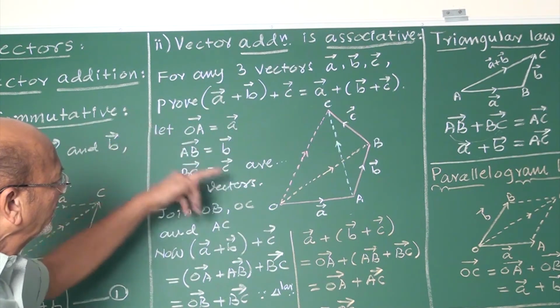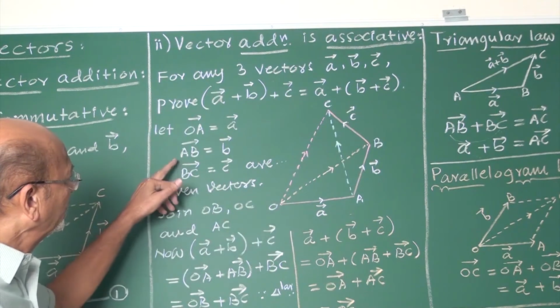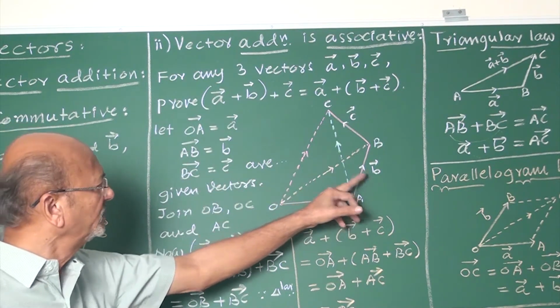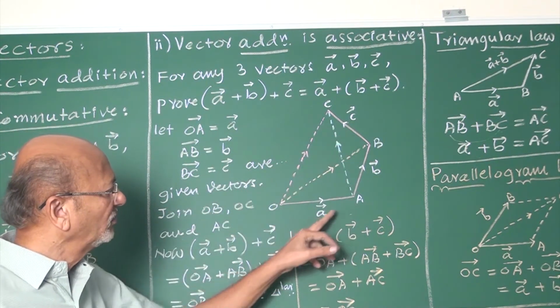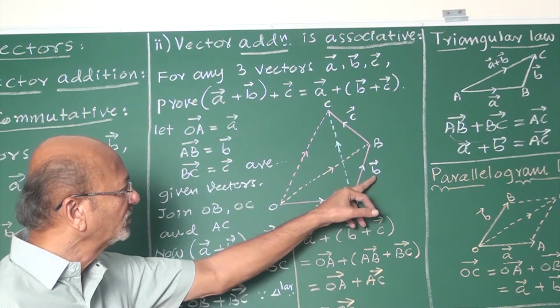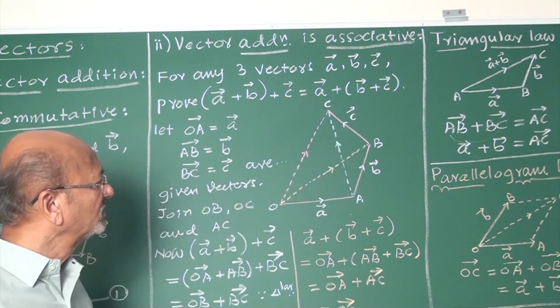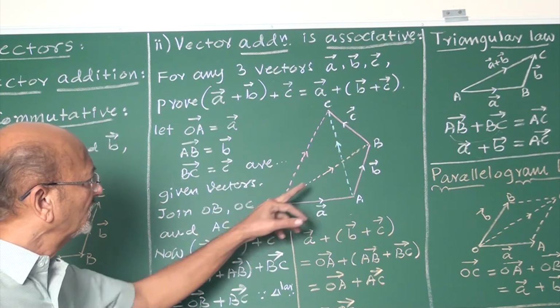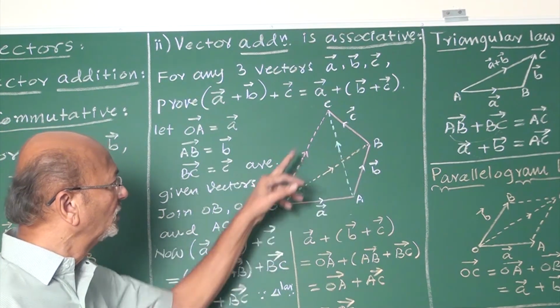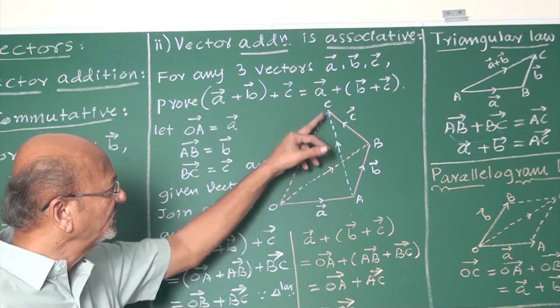Let OA equal vector A, AB equal vector B, BC equal vector C. OA, vector A, AB, vector B, BC, vector C are the given vectors. Join OB, OC and AC.